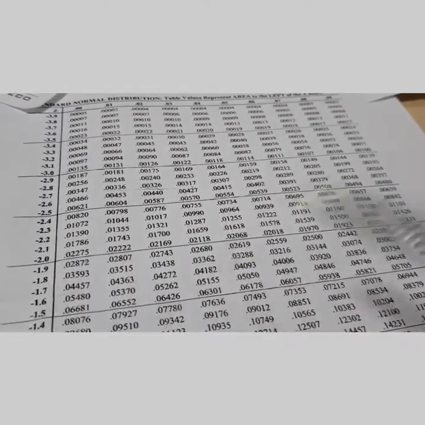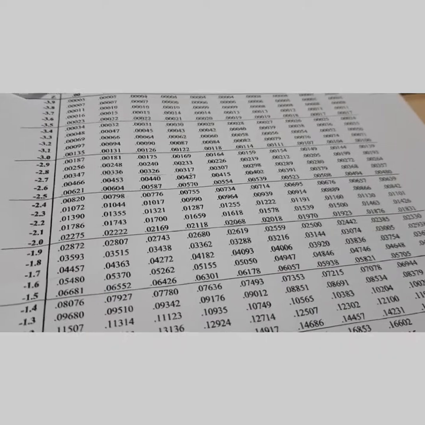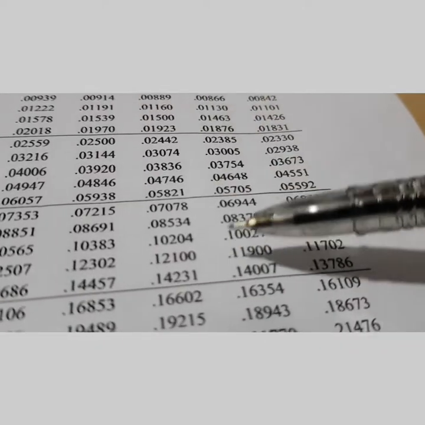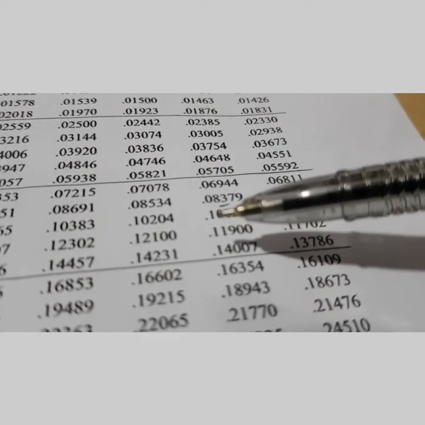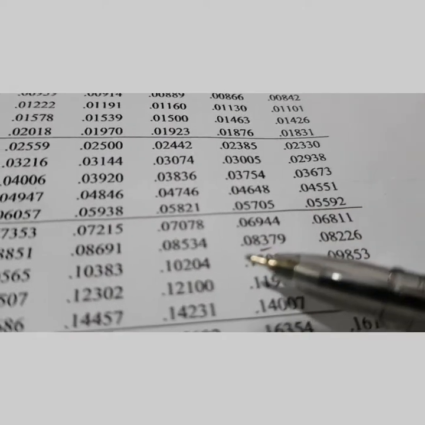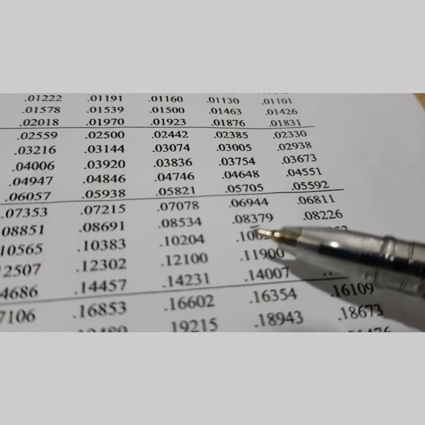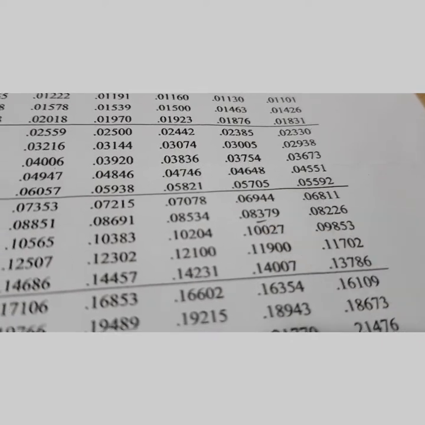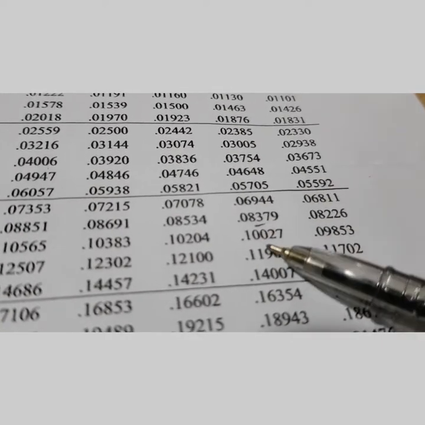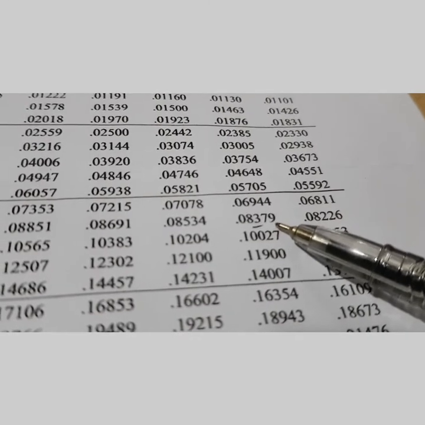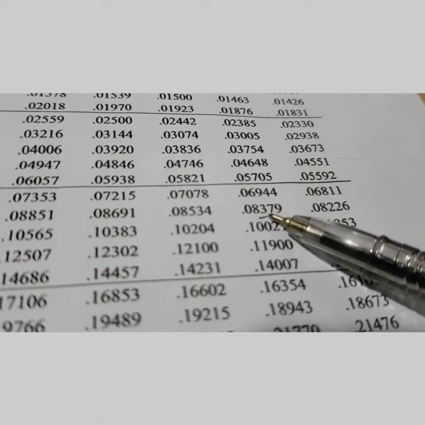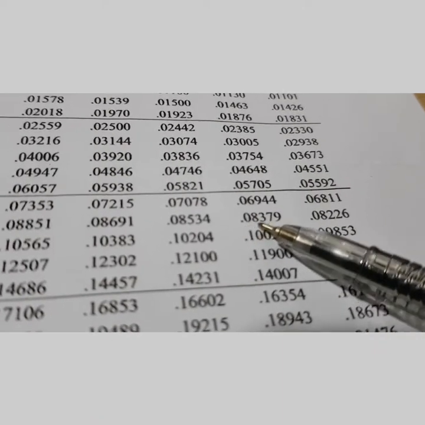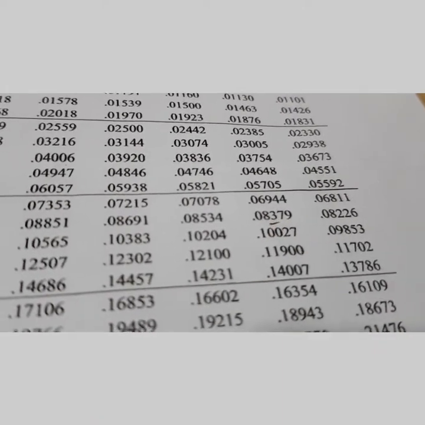So we need to find negative 1.38. Z value of negative 1.38 is 0.08379. So dahil 9 yung katabi ng 7, magpa-plus tayo for round off. So magiging 0.0838.